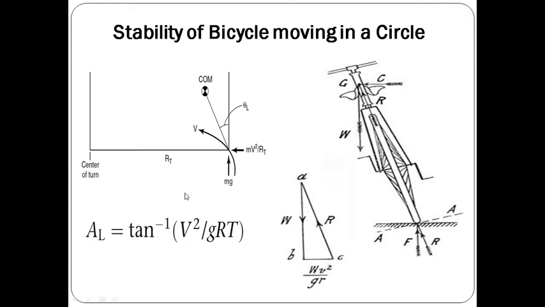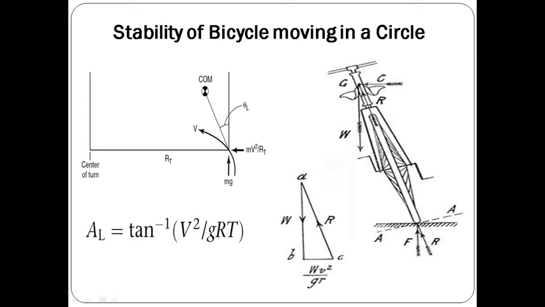So we discuss how the bicycle will be stable when we are moving in a circle. Let's assume that R is the radius of the circle in which the cycle is moving. W is the weight of the rider and machine, and the point G is the position of the center of mass.